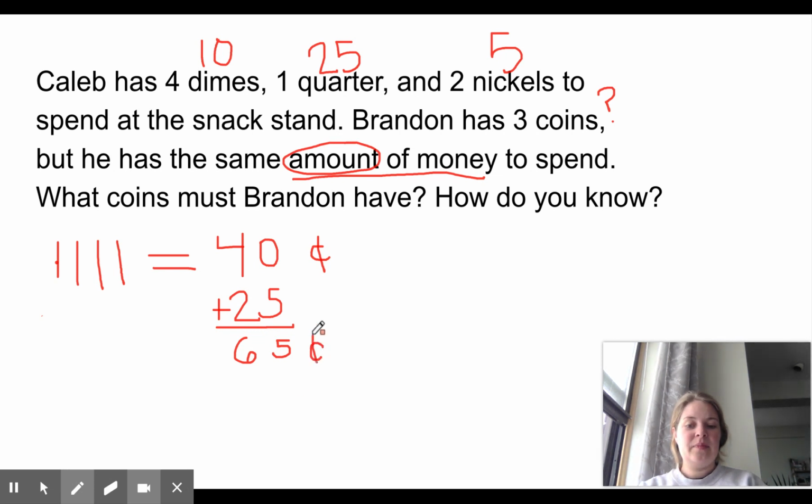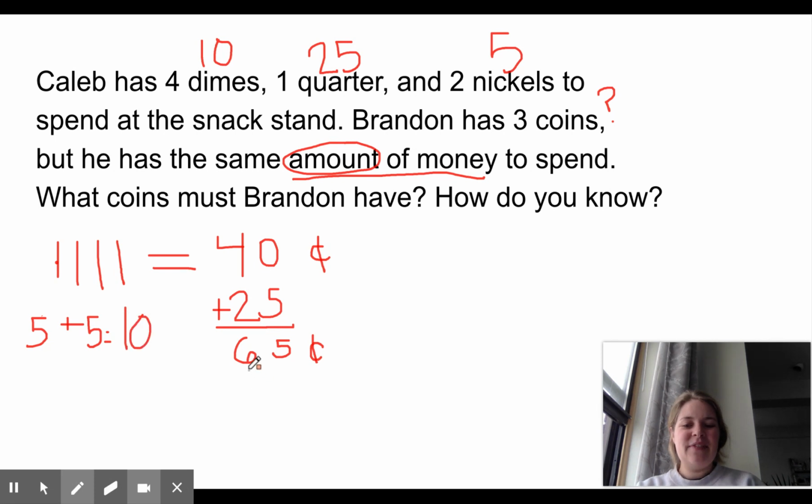Good. And then 2 nickels. 2 nickels is 5 plus 5. What does that equal? That equals 10. Good.